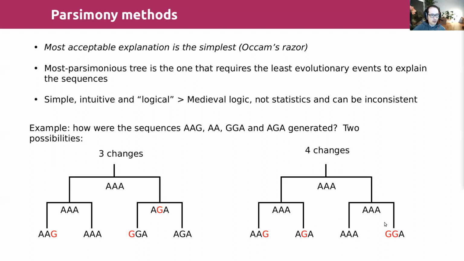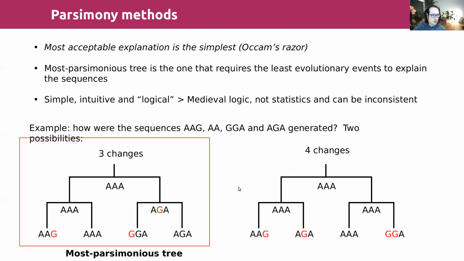It's not impossible for this to occur, but the principle of parsimony is that we accept the one that involves the fewest changes, the simplest explanation. So it is not guaranteed to give us the correct answer, but it's a kind of intuitive or logical rule that one can follow.